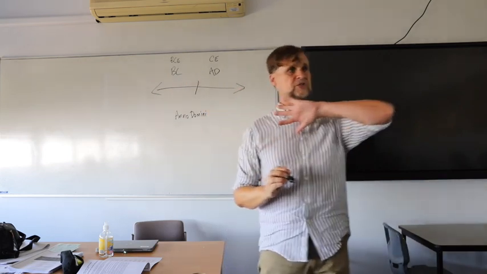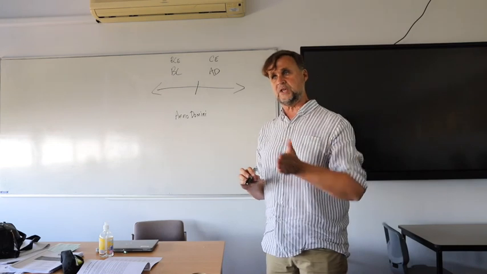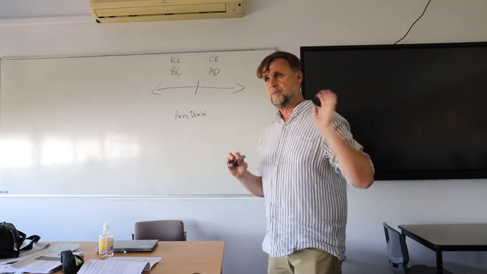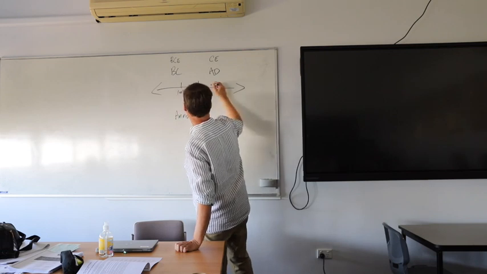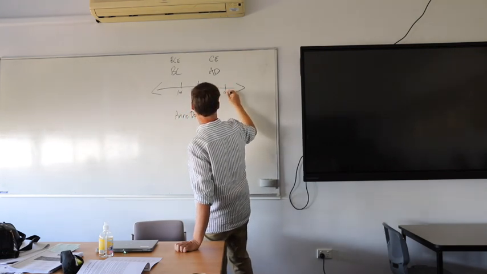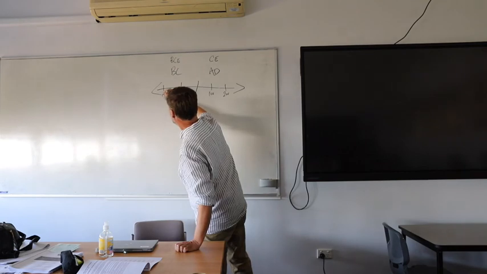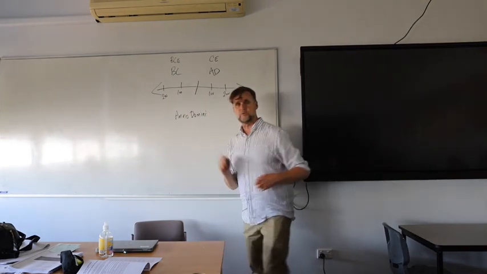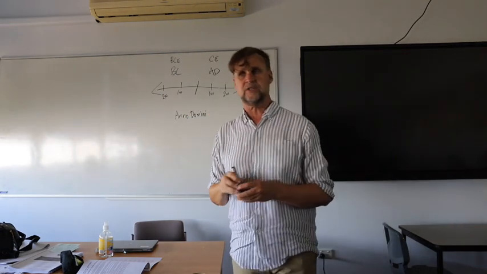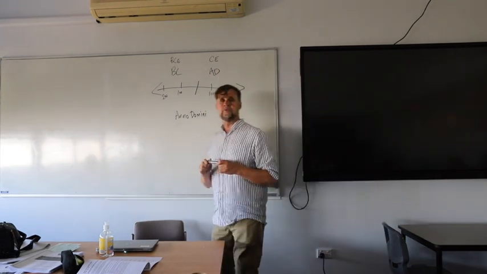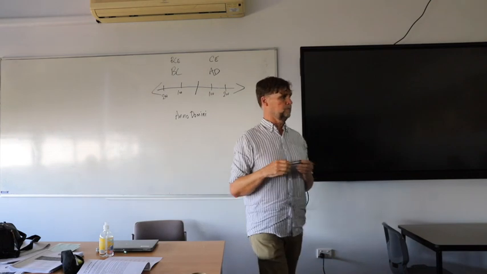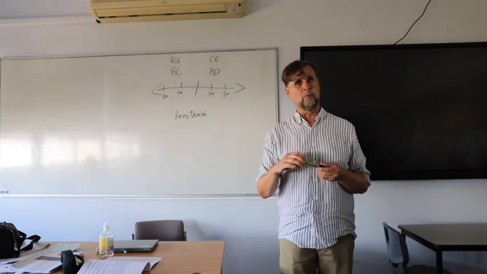The trick with it is you have to remember that in BC the numbers go backwards, because we're counting backwards from the birth of Christ. Actually, the early church got the birth of Christ wrong, and he was probably born somewhere around 6 to 4 BC.